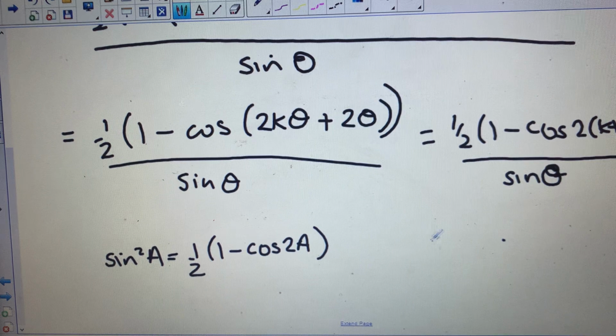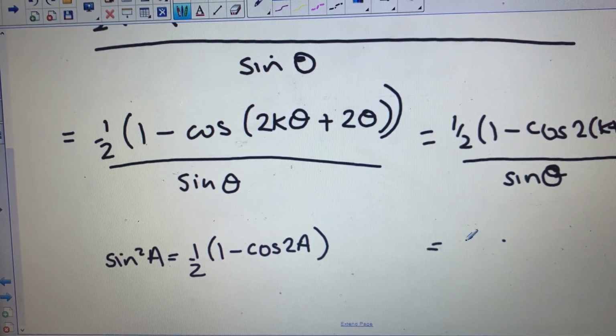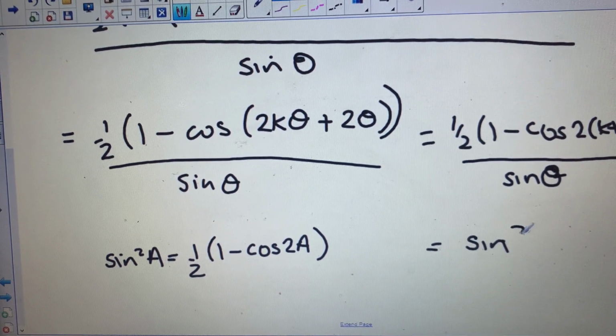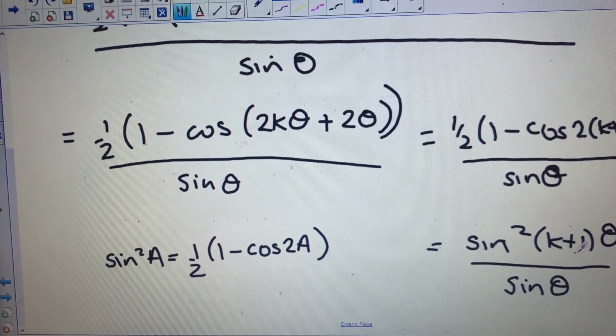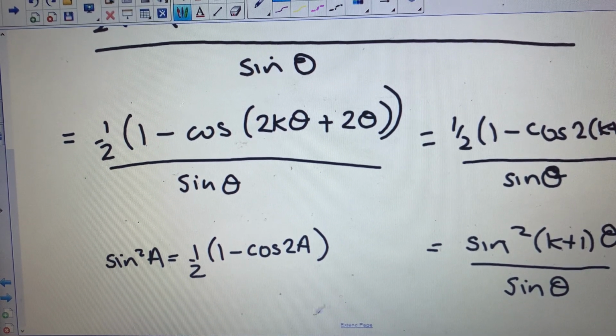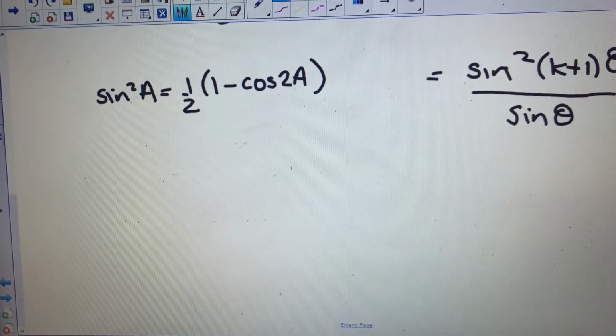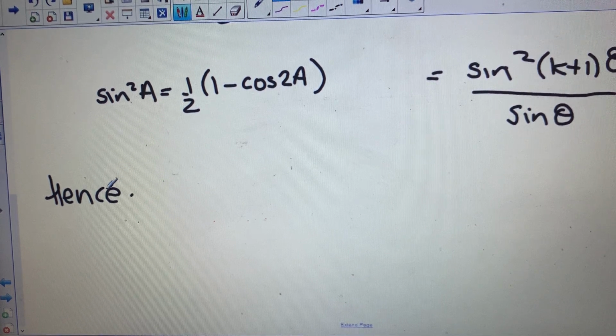So that can be written as sine squared of k plus 1 theta all over sine theta. Right, I nearly blew it at the last minute by taking my 2 out incorrectly. Hence what we tried to prove at the very, very beginning.